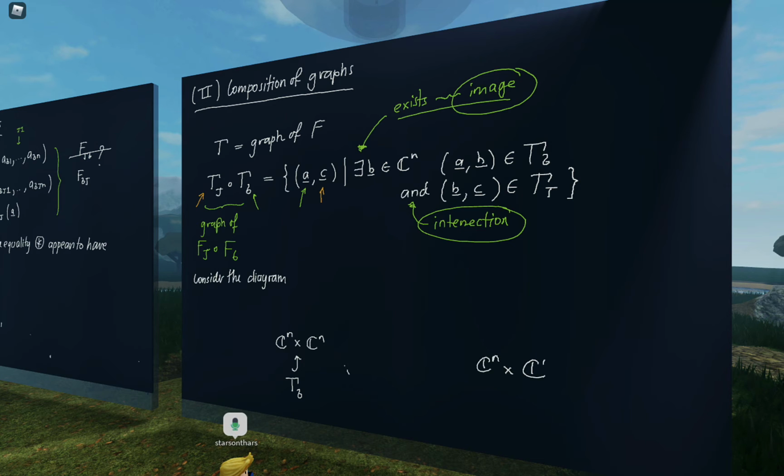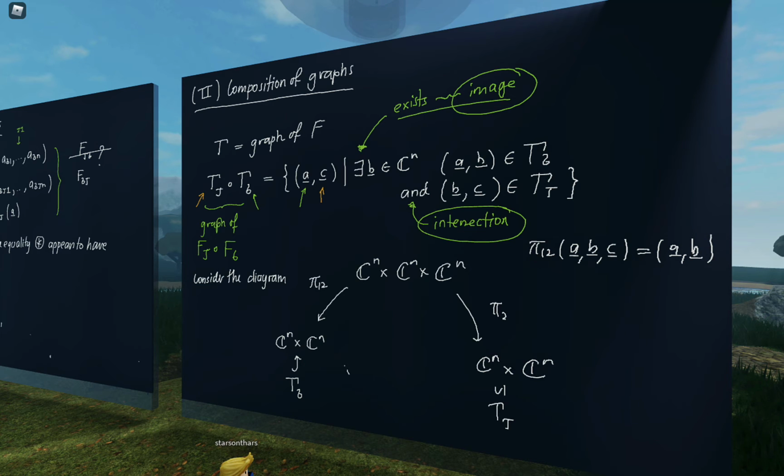I want you to think about the graph of tau also sitting inside Cn cross Cn. And then sitting over both of them, I'm going to put the triple product. This function here, I'm going to call it pi12, is the projection onto the first and second factor. So pi12 of ABC is AB.